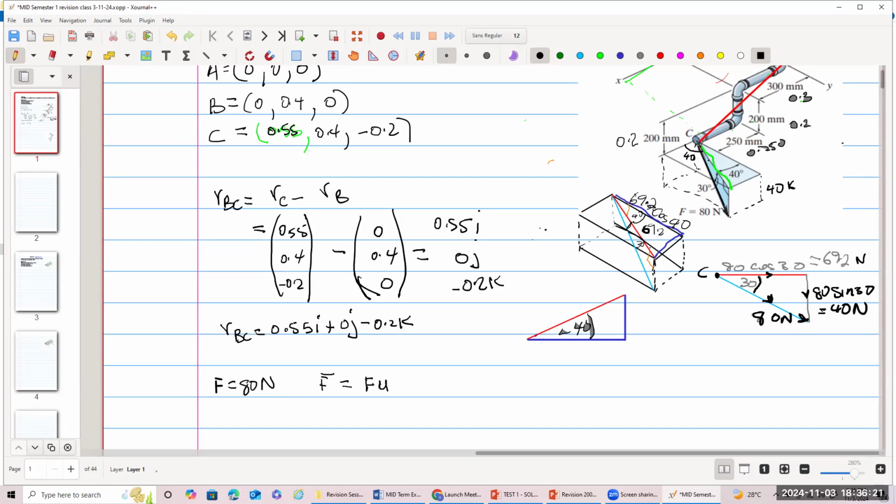I don't want to use the trig in the problem, it makes life a little more tedious if we can avoid that. So right across here it is 53 newtons. And this is 40. Any other distance we need to find?